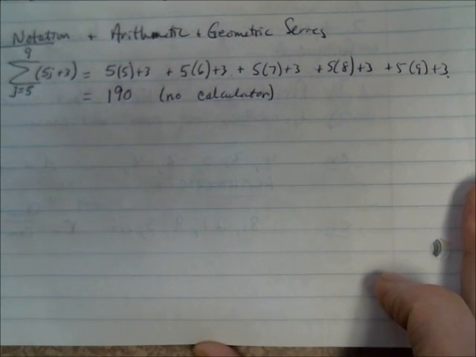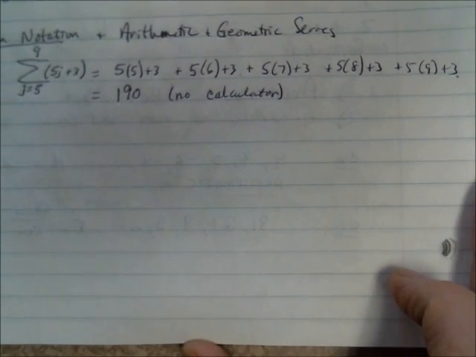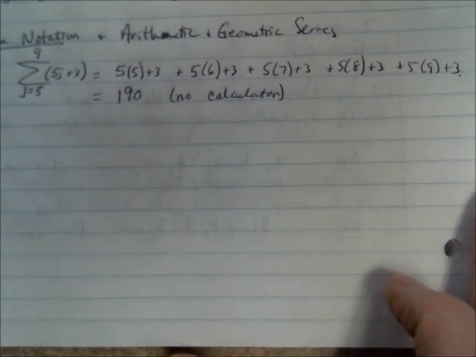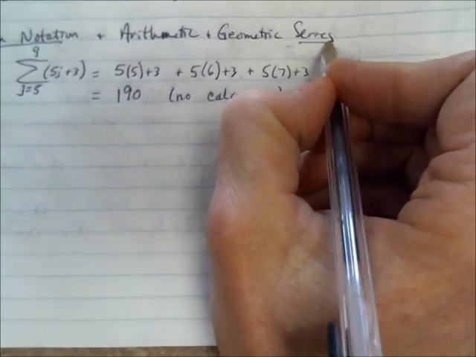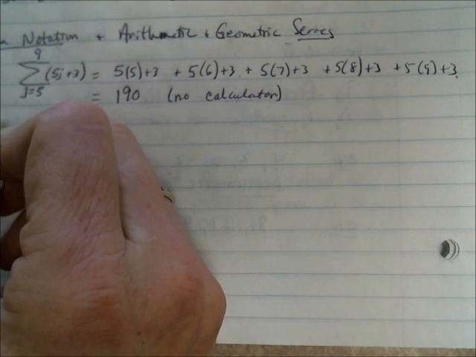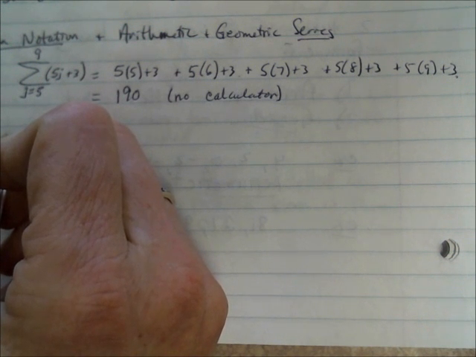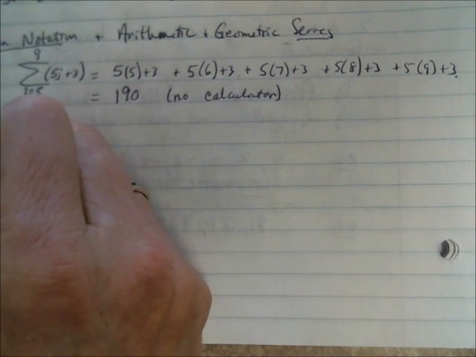Sometimes you're going to be given a set of numbers added together, which is called a series, and then you're going to be asked to write it in sigma notation.